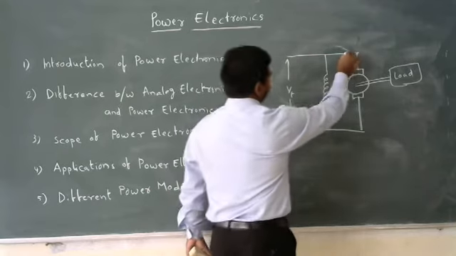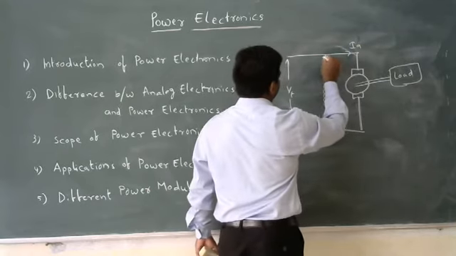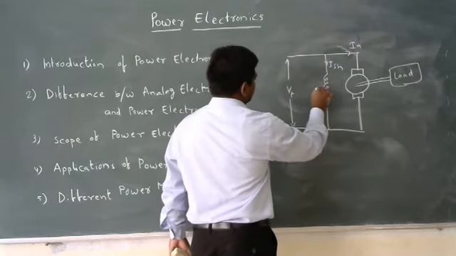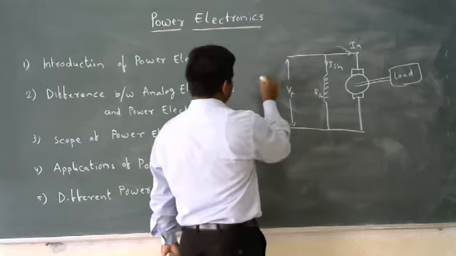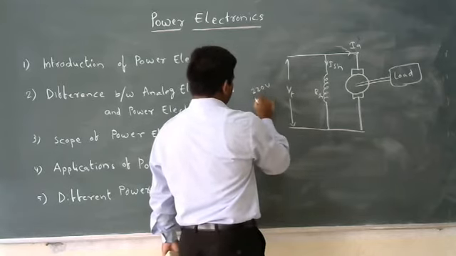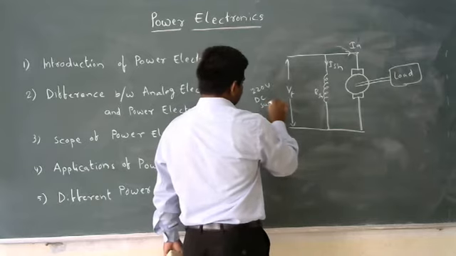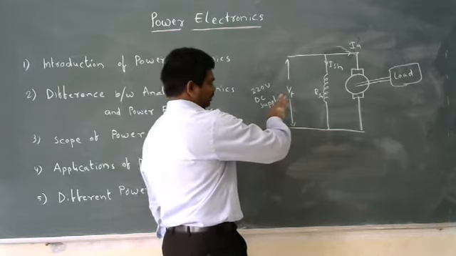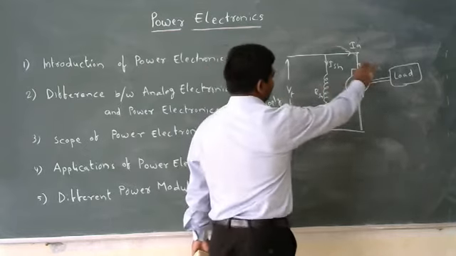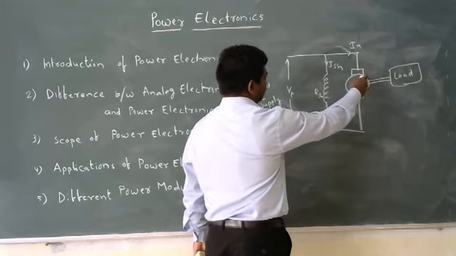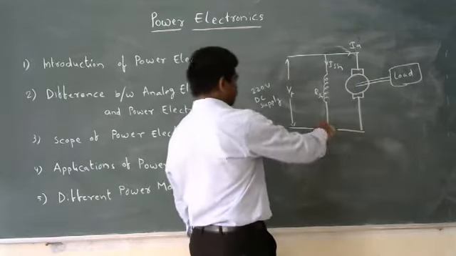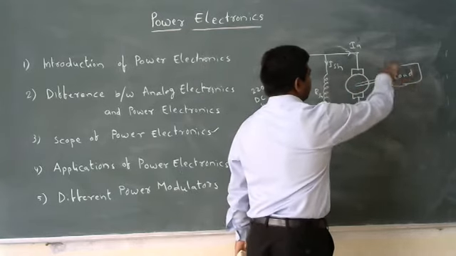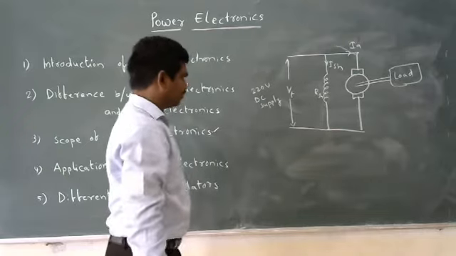This is the armature current, and this is the shunt field current, RSH. This is a 220 volt DC supply. Generally, the circuit is like this. Whenever electrical power is given to a DC motor, it converts that electrical energy into mechanical energy and drives the connected load.